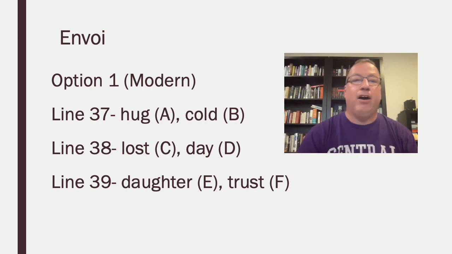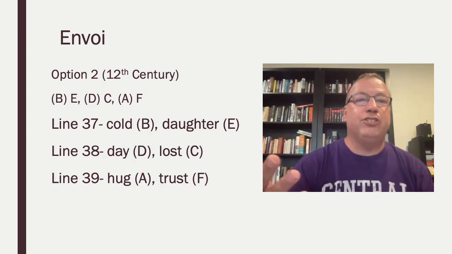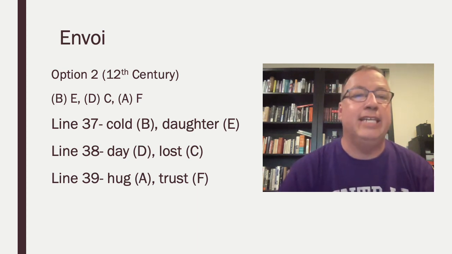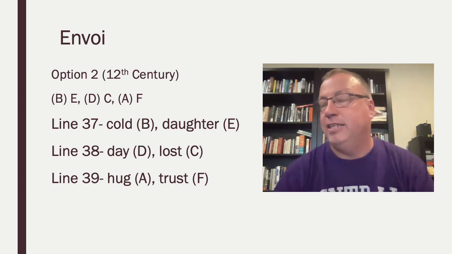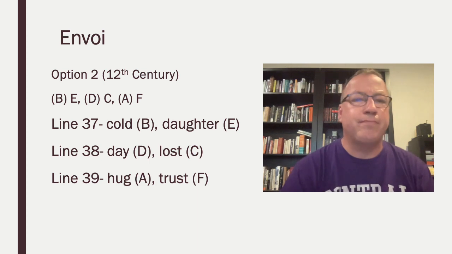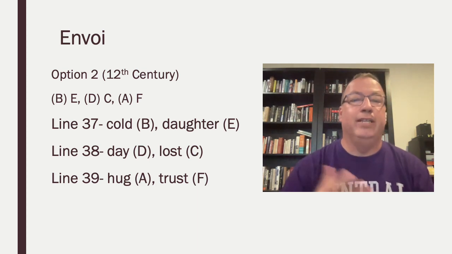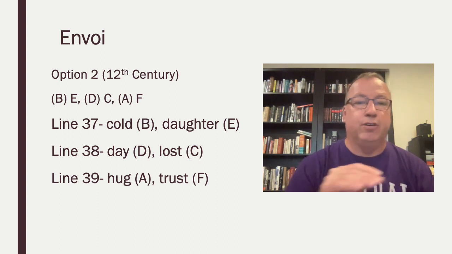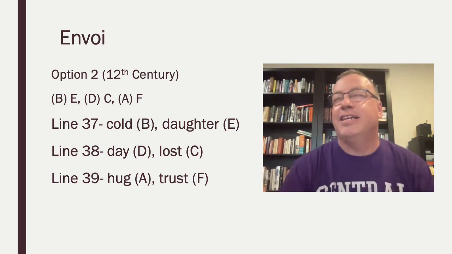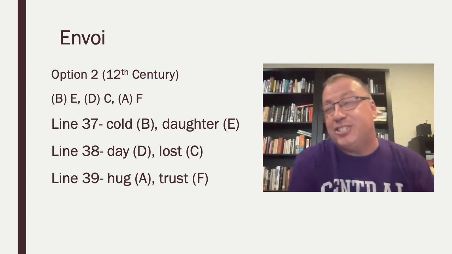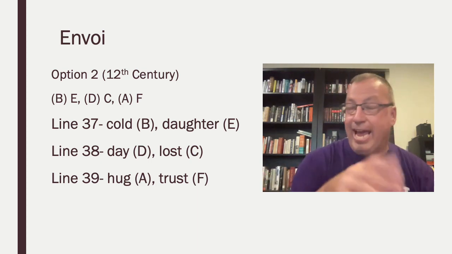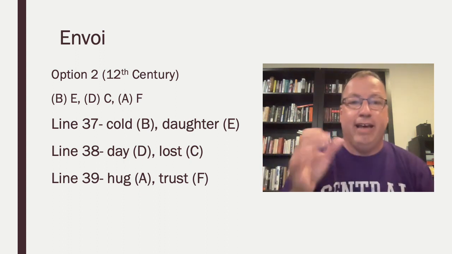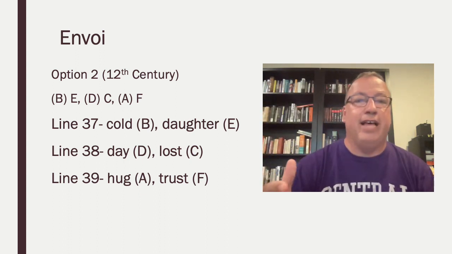Now, if you're more traditional, in the 12th century when this originated, this was the order that was common. In this case, the end word and the beginning word are in the last line, which is cool. So the first word, A, hug, is in the middle of the last line, and then you end with trust, the F word, or the last word there.